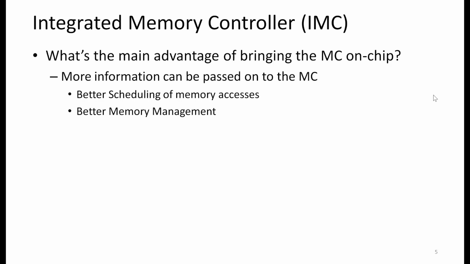Also, it can help us to manage the memory better. In addition, it can also help us to manage the power consumption of this memory better based on the inputs we get from various cores. If it was off chip, to drive any of these extra informations, we would need an extra pin from the processor to the north bridge. But now we have more flexibility.